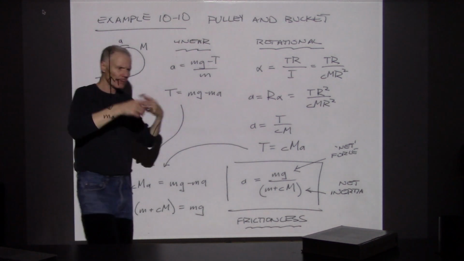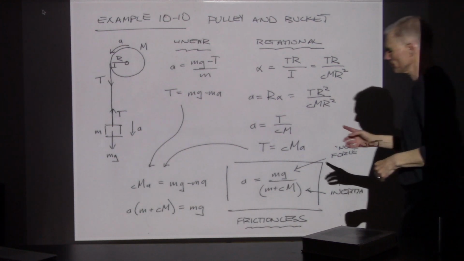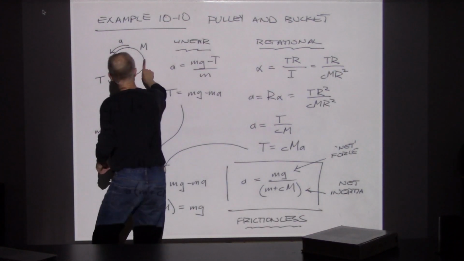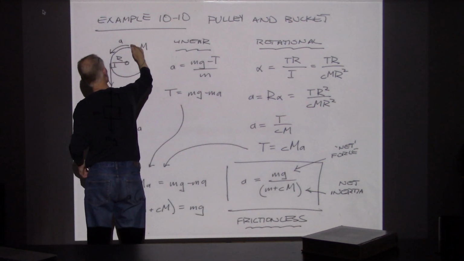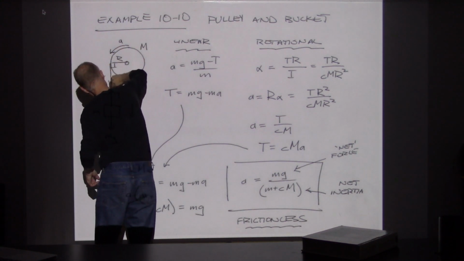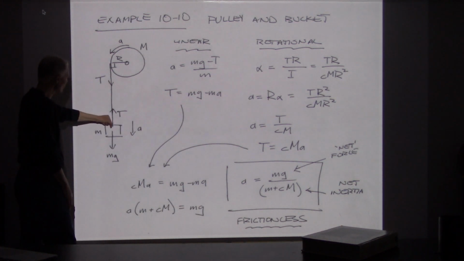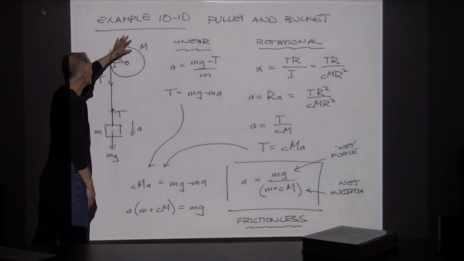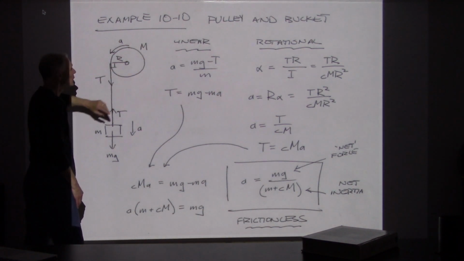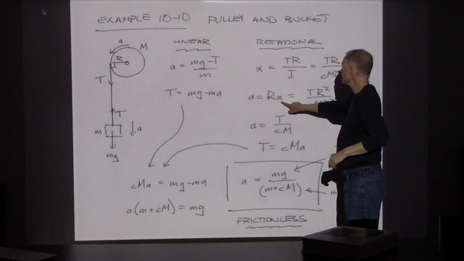I've got this cable wrapped around this pulley. Whatever the tangential acceleration is as we come up and around, that's going to match the acceleration as the cable continues off in this direction. So accelerations at each point along the cable are going to match. And that's why we get to use a equals r times alpha.